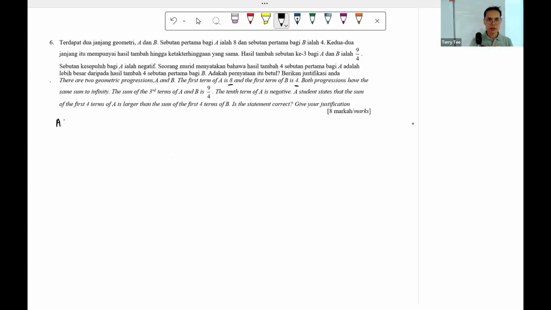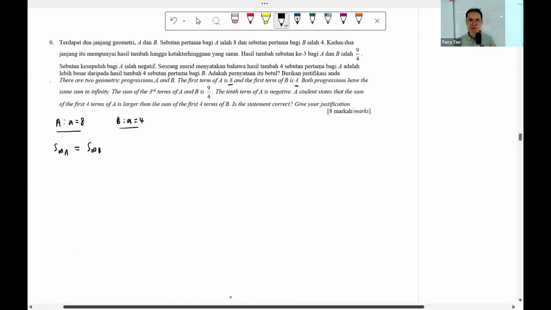So the first term of A is 8, the first term of B is 4, and the sum to infinity of A equals the sum to infinity of B. Okay, the problem is, do you know the common ratio of A and B? I don't know.